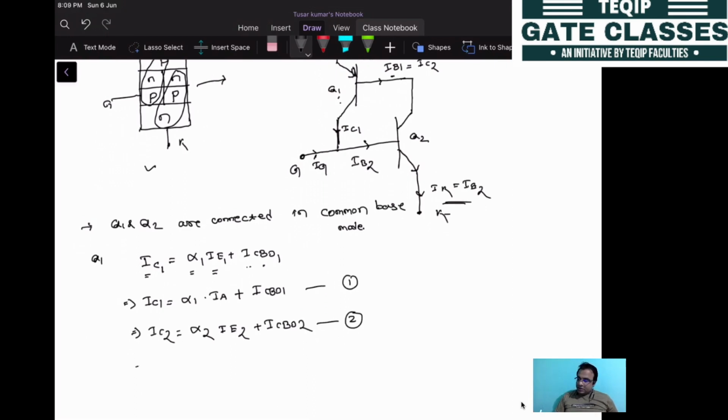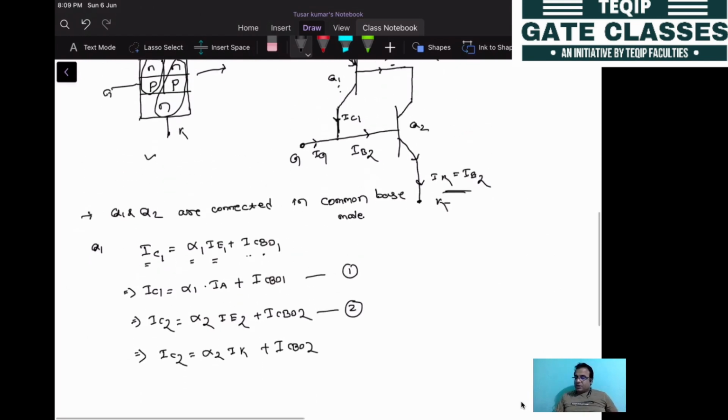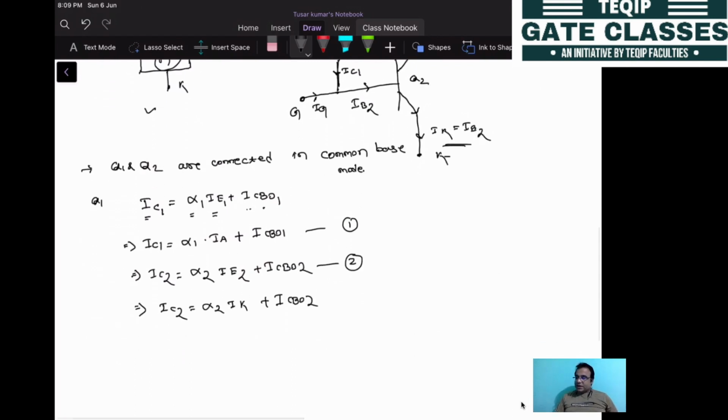So you can put it here: IC2 equal to alpha 2 into IK plus ICBO2. Clear? Only in place of IE2, because it is clear that the emitter current of the second transistor is equal to the cathode current.